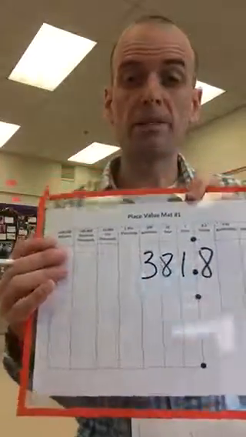All right, and now expanded form. So the place value chart really helps for expanded form. So look at this 3. What is the value of this 3? If it's in the hundreds place, the value is 300, right?